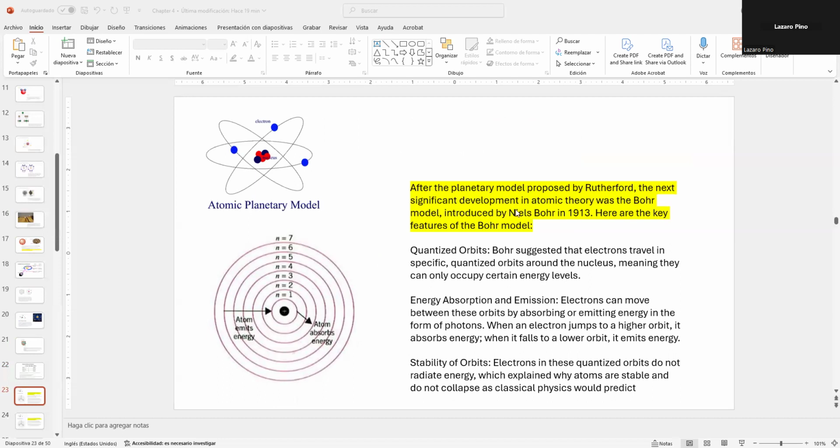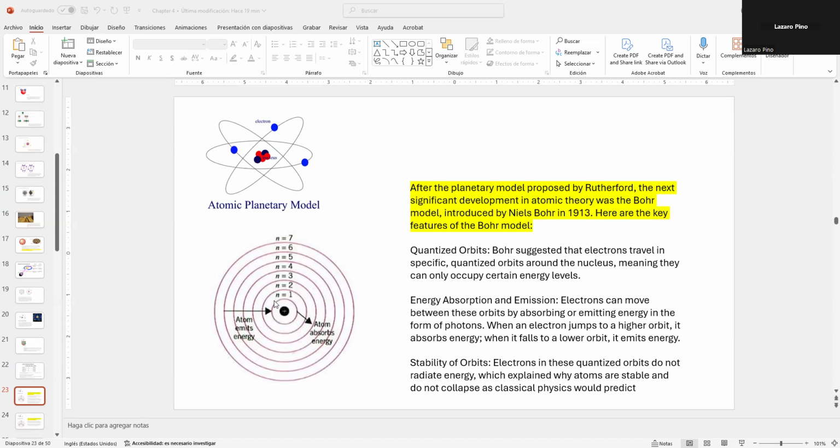After the planetary model proposed by Rutherford, the next significant development in atomic theory was made by Bohr. Let's see what the model of Bohr is. He used quantized orbitals. Bohr suggested that the electrons are traveling in quantized orbits around the nucleus.